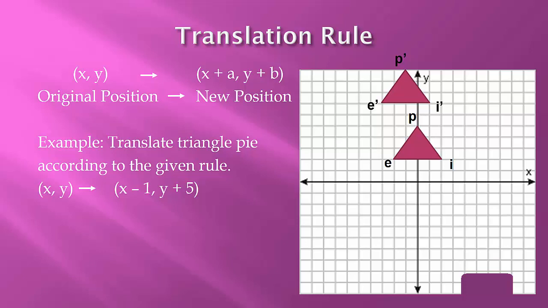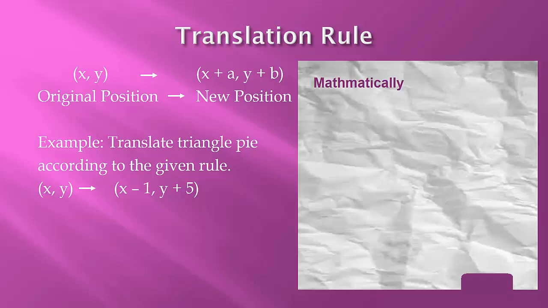Now again, if we're not given a coordinate plane and we need to do this mathematically, then we simply plug in our values. P started at the ordered pair (0, 5). So when I plug 0 in for x, I end up with 0 - 1 = -1.